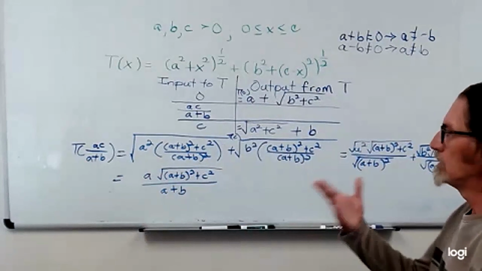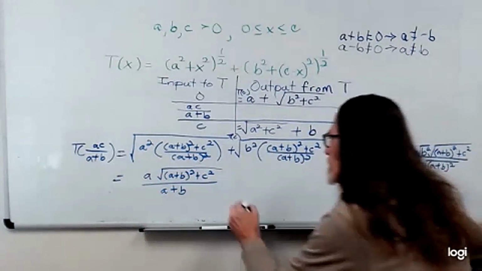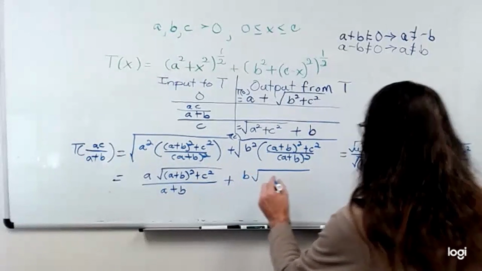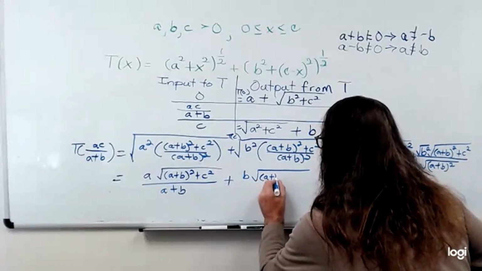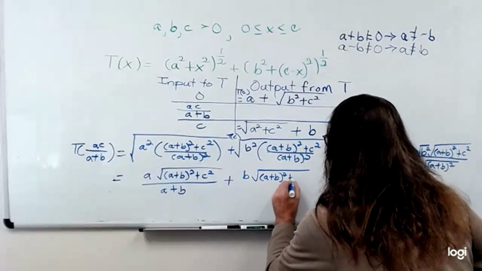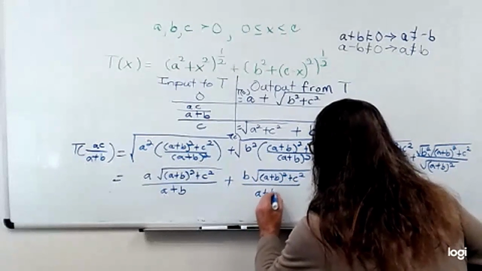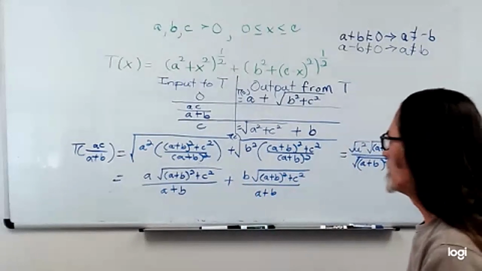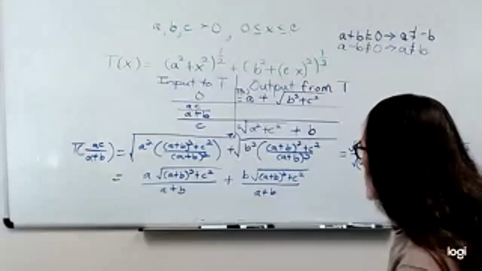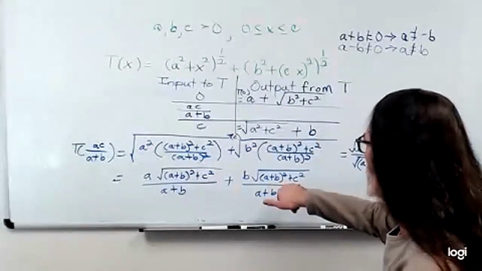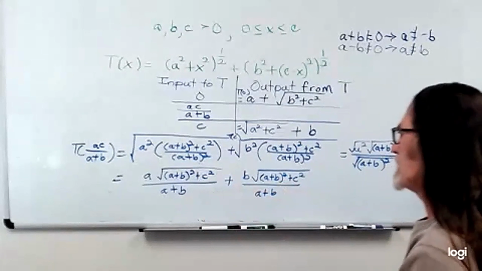There's from the first square root. There's from the second one. And I'm going to factor out the square root in the numerator; here and here are the same, and we've got the same denominator.